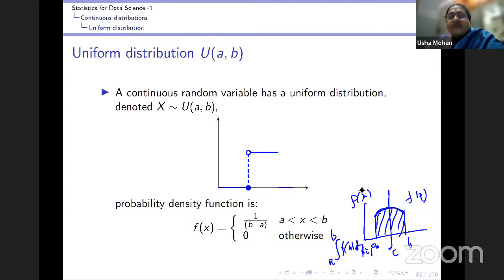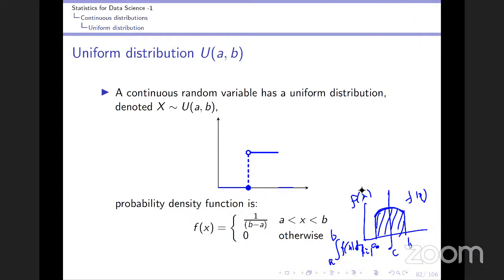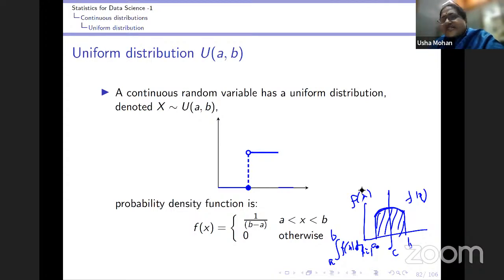A is the least height and B is the maximum height. Now suppose I want to know the number of people who have height less than or equal to C. What does this mean? X is the heights of people, following the distribution given by f of x, and I know the area under this curve is 1.